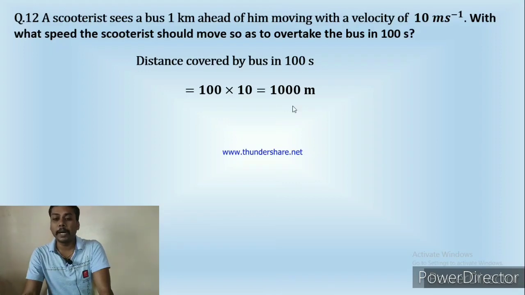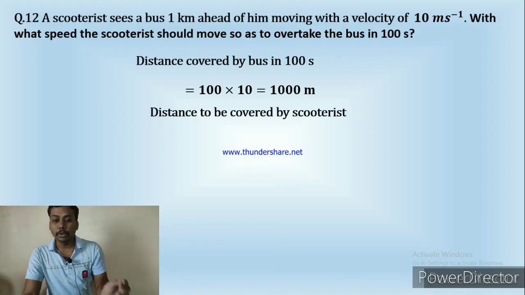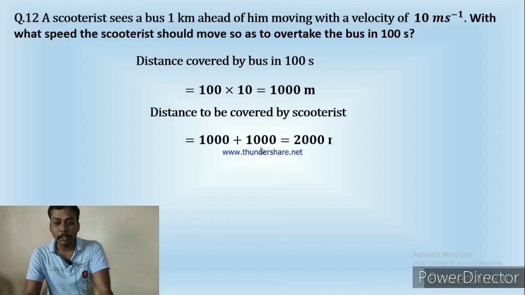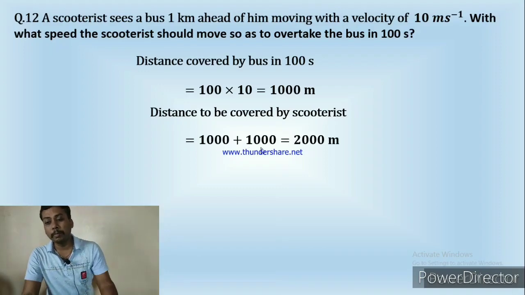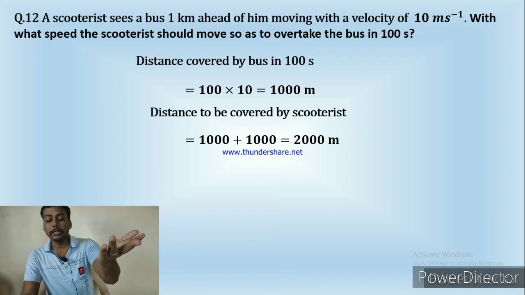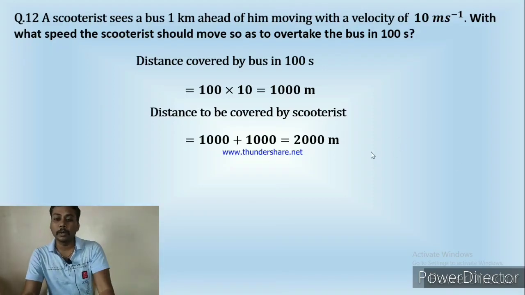And the distance to be covered by the scooterist: initially the bus is 1 kilometer ahead, and the bus covers 1000 meter in 100 seconds. So that is 2000 meter, which means the scooterist has to cover a distance of 2000 meter.